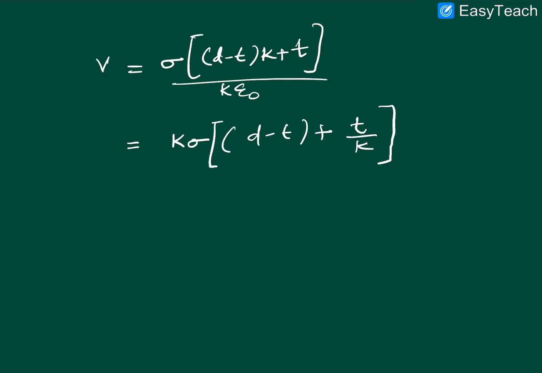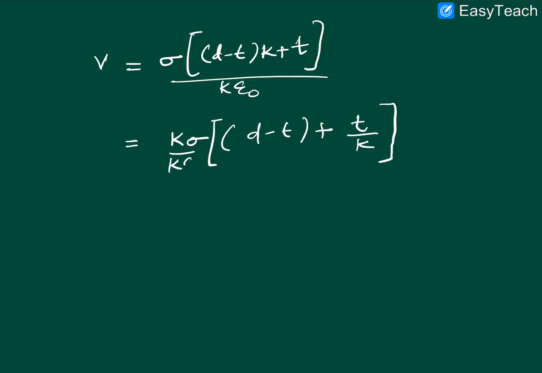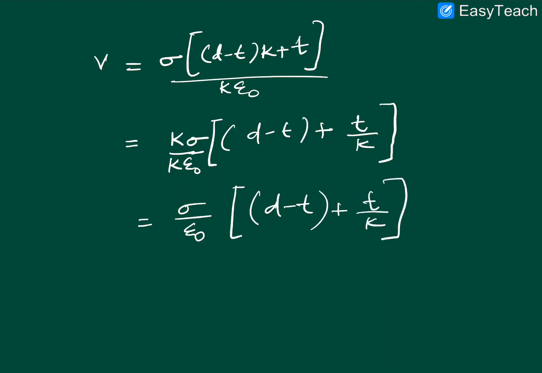Then only that term will be again same as the previous term, and there is a K epsilon 0 which I am writing here in the denominator. Now you can cancel K from both the terms, then what you will get? Sigma by epsilon 0 into d minus t plus t by k, isn't it?